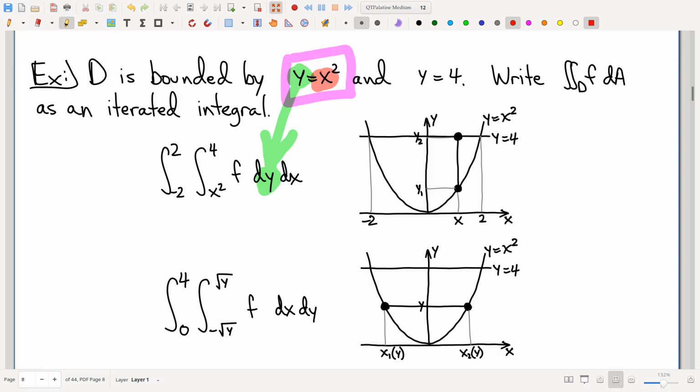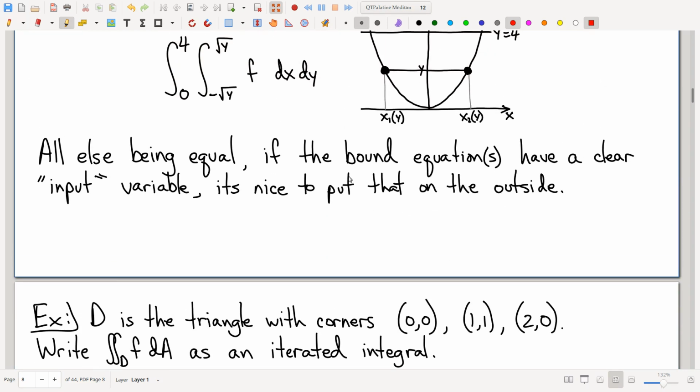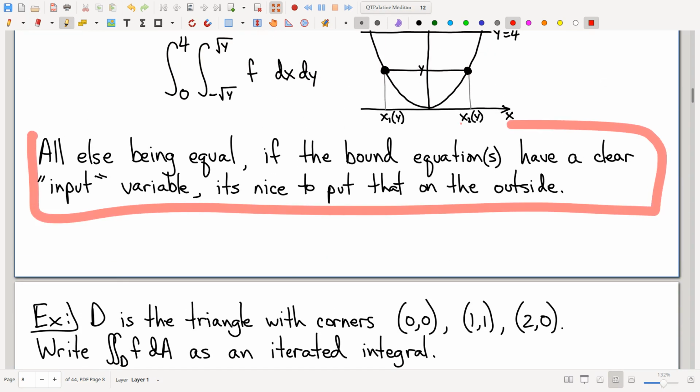Not that I can't do it, but it gets square roots, and I don't want the square roots. Whatever you would prefer not to solve for, put it where you don't have to solve for it, namely on the outside. Does that make sense to everybody? Okay. So that's the big lesson: look at the equations that you're given, think about which one would be easier to solve for, and choose your differential order accordingly.